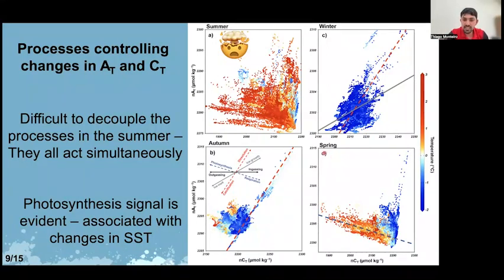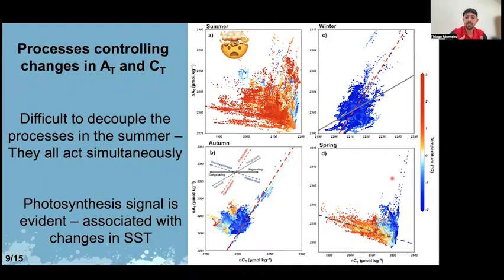So in this figure here, in the D subplot, we have the same for the whole period, but the interesting thing here is that when we have higher sea surface temperature, that means probably the data from December, we have behavior more likely explained by the photosynthesis processes controlling total alkalinity and dissolved inorganic carbon.